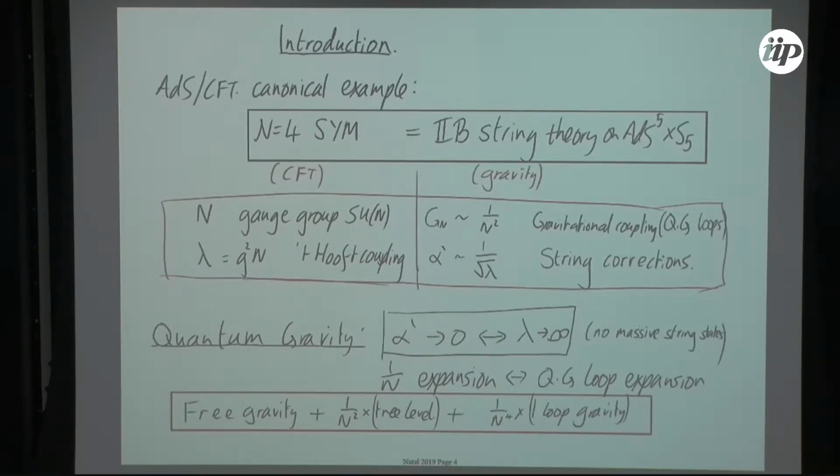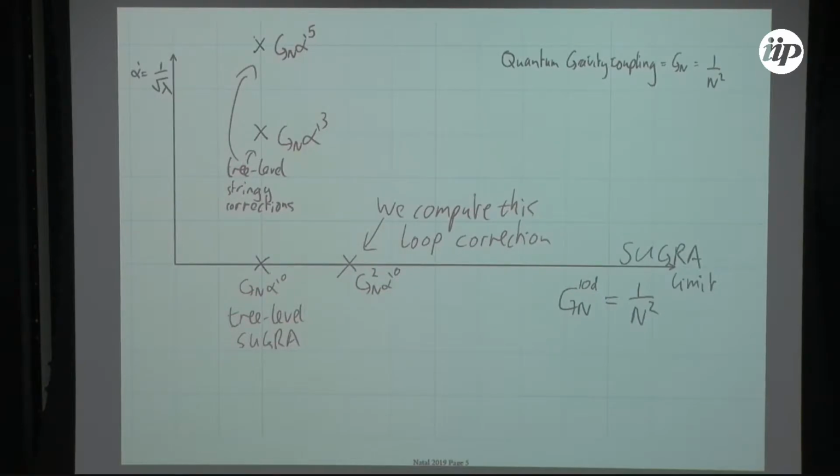Okay, I can use this, can't I? So this is a kind of a sketch. I'll come back to this a bit later and add a few more data points. So it's not supposed to have too much meaning. I'm just trying to put in the parameters where different things occur. So here I've got G Newton in 10 dimensions, which is 1/N^2.